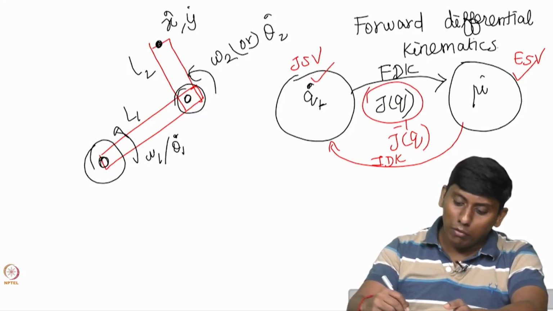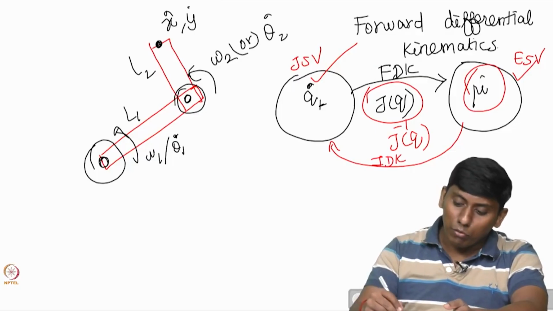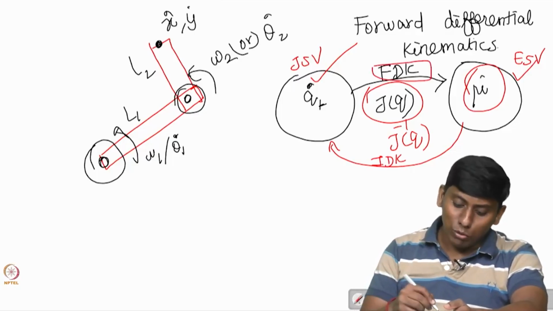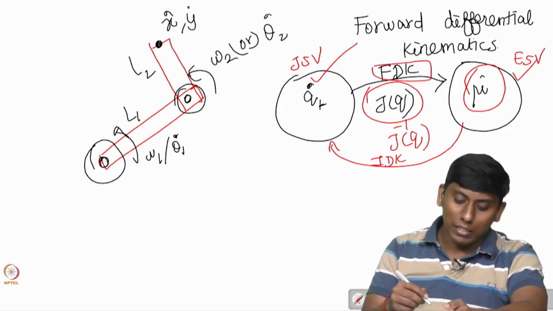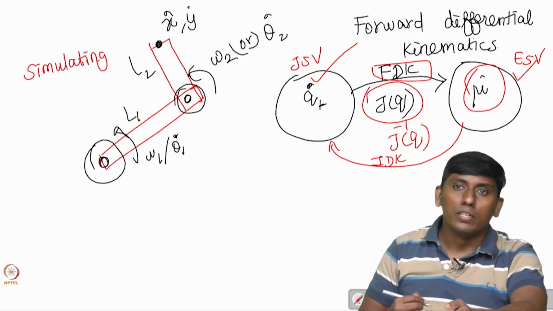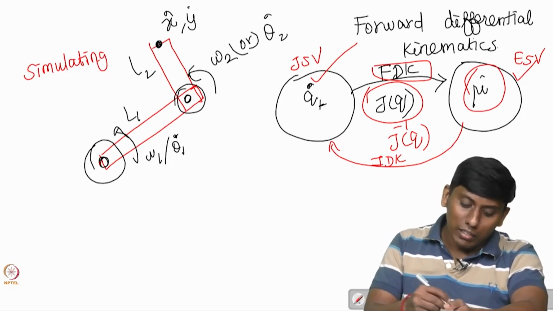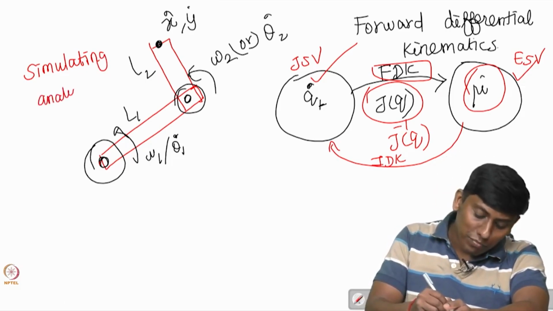Where q dot is known and you are trying to find out mu dot, that is forward differential kinematics. In the sense you have a motor and you are running it. If you are doing it numerically, you are simulating the system. The other way around, in the real system, it is analyzing the system.